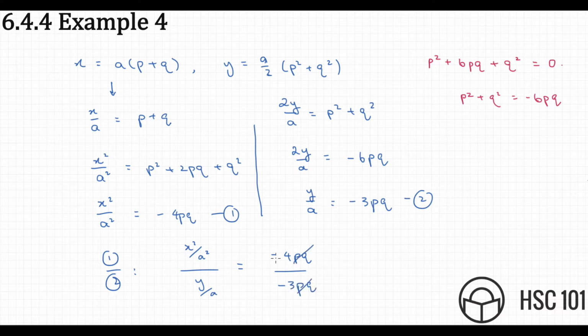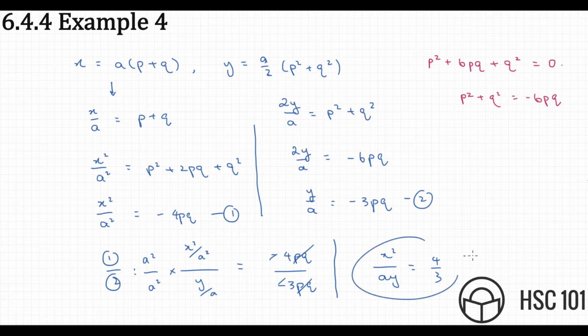So the pq's cancel and the minus sign cancels. If I multiply the top and bottom by a squared, that tells me that x squared over ay equals 4 over 3. If I just cross multiply, you can see that my final Cartesian equation is 3x squared equals 4ay.